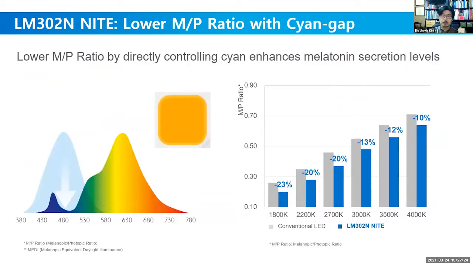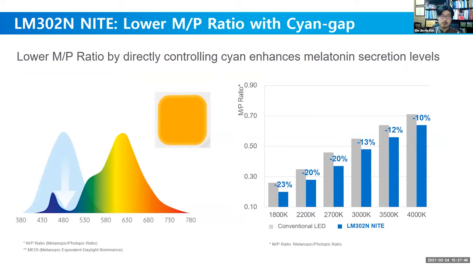Okay, let's move on to the next slide, where we just slightly touch upon the theme of LM302N that gives lower MP ratio compared to conventional white LED. This one gives much deeper and wider cyan gap along the wavelengths of this spectrum.